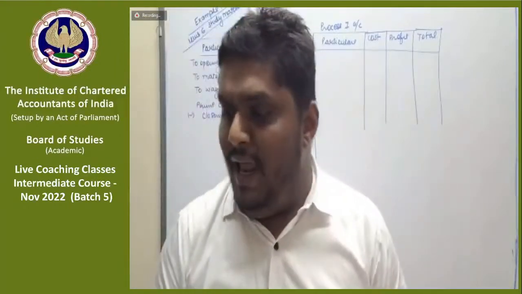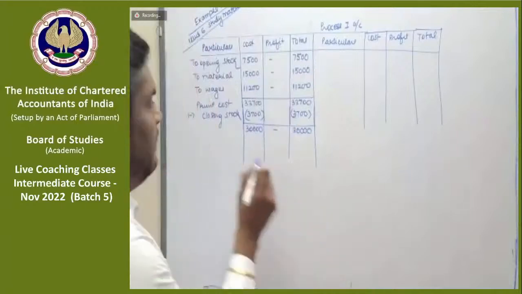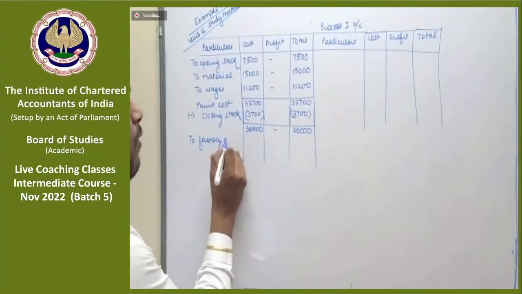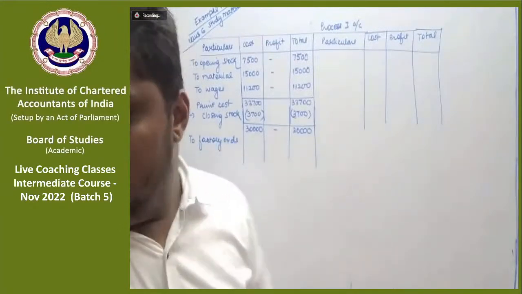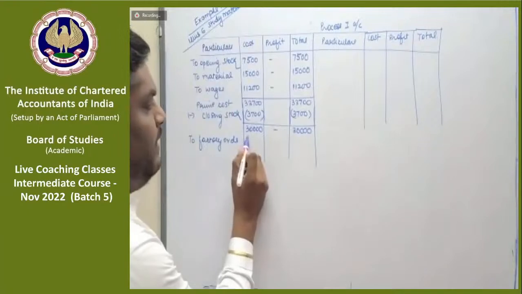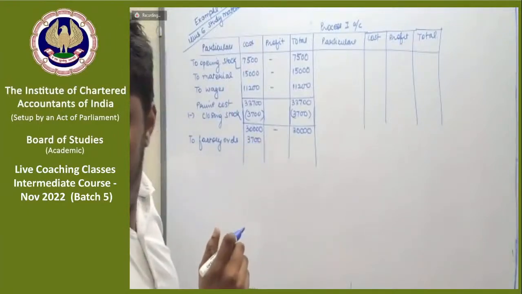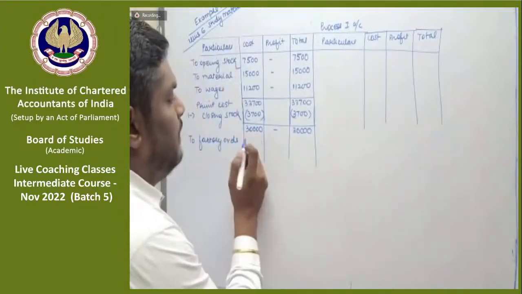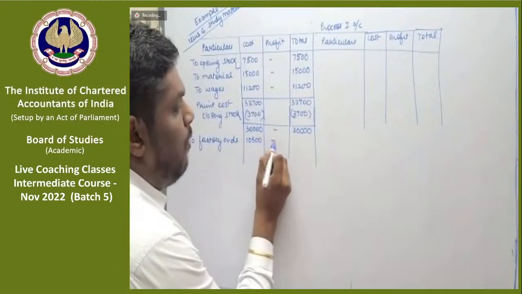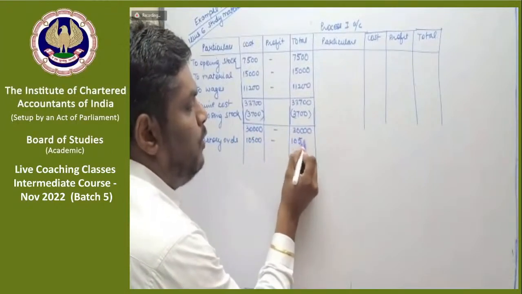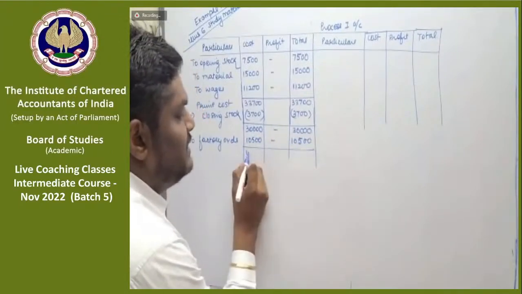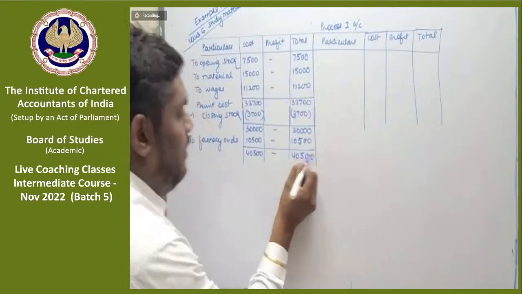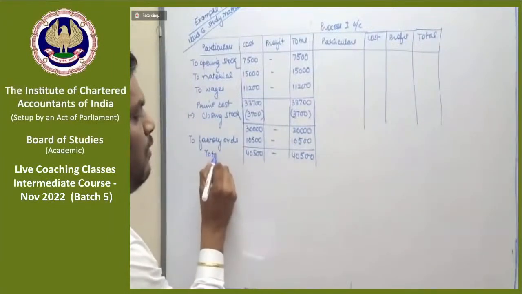In this, we will add factory overheads. Sorry, factory overheads are 10,500. To get the total cost, that is 40,500 dash 40,500. This is my total cost.